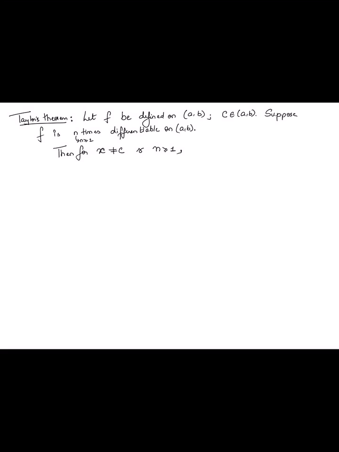The following is true. f of x is equal to its n minus 1th order Taylor expansion, so that's k going from 0 to n minus 1 of f^(k) of c (x minus c)^k by k factorial, plus, and this is going to be the error term, the nth derivative at some point y times (x minus c) raised to n by n factorial, where y lies between x and c.